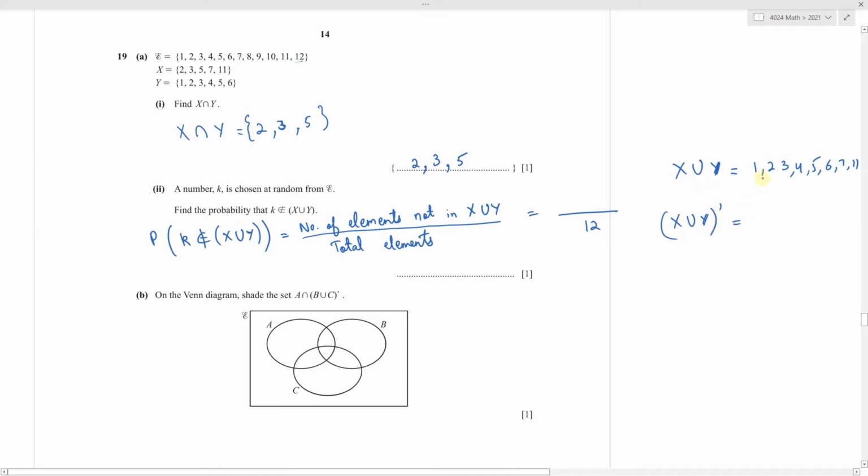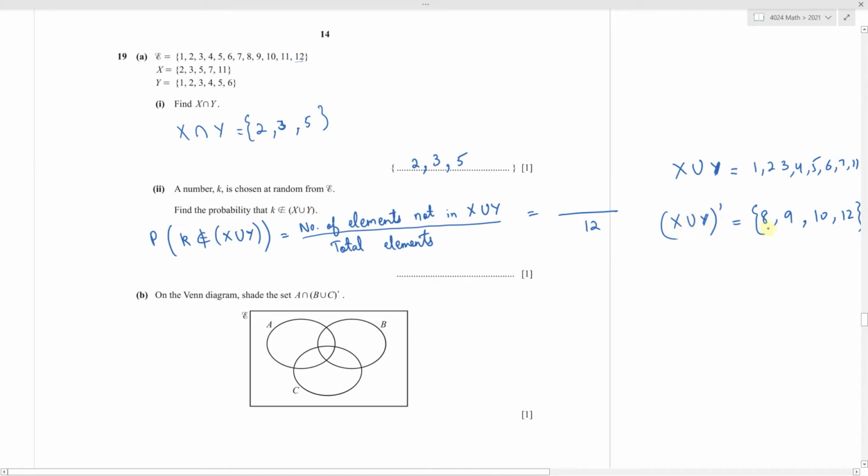So what are the remaining numbers that are not part of this union from the universal set? 1 is present here, 2 is also present, 3, 4, 5, 6, 7 is also present, 8 and 9 are not. So 8 and 9, and also 10 and 12. So you want k to belong to this set, which is X union Y complement.